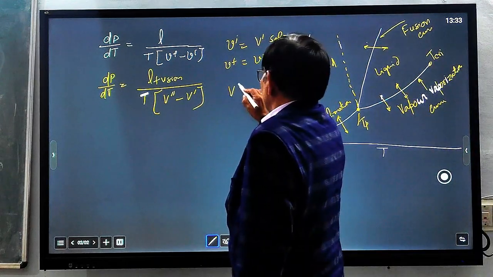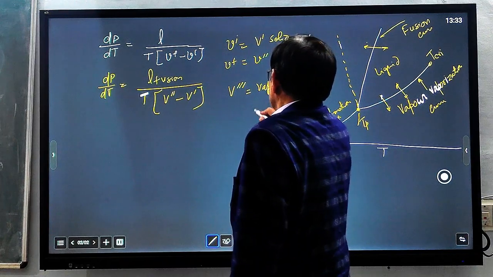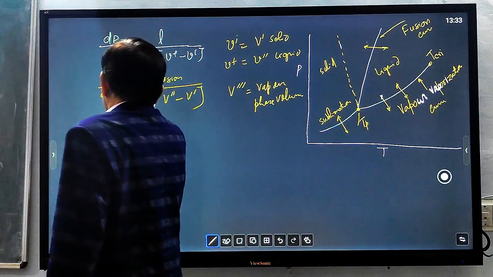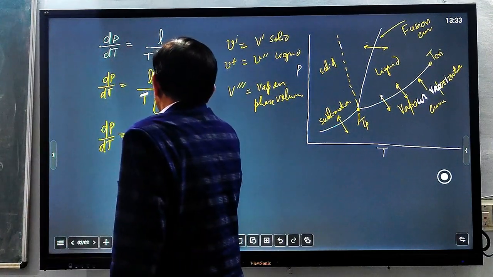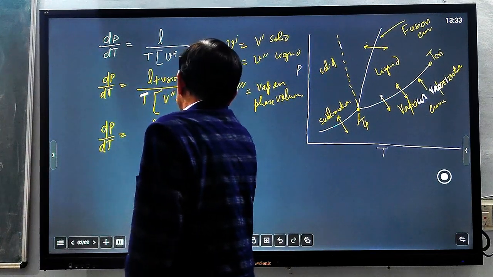Then the vapor volume will be defined as V'''. So here dP over dT can be defined as L of vaporization upon T.